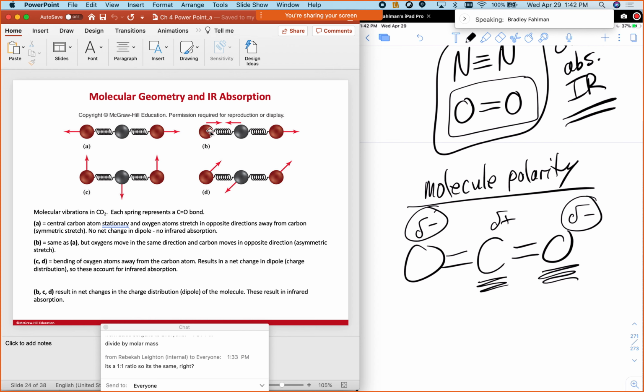But if these come in closer whereas this goes farther away, now you are changing the overall charge distribution of this molecule, so this would absorb IR, as would bending. All of these other modes would absorb IR, but this mode does not. The symmetric stretching is not responsible for infrared absorption.